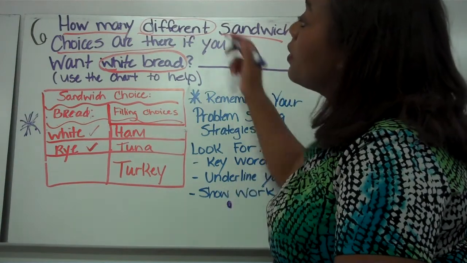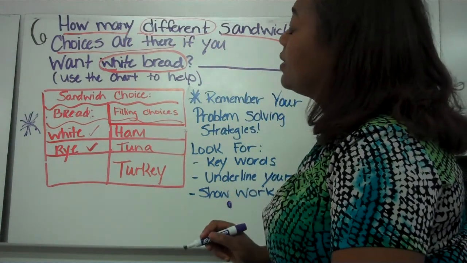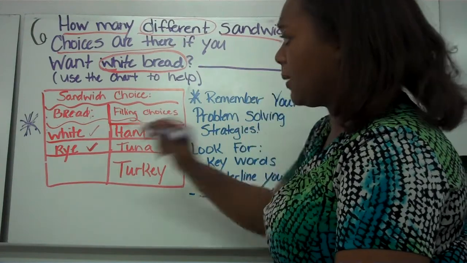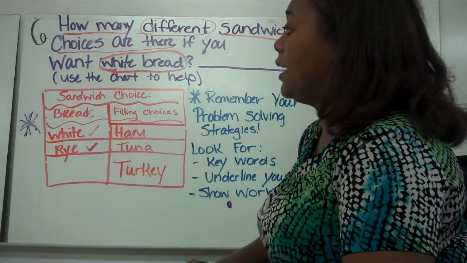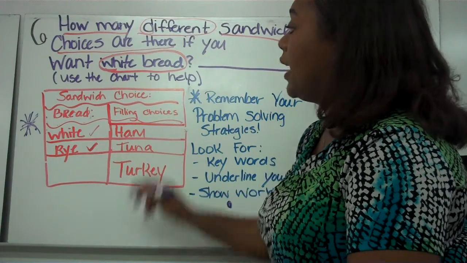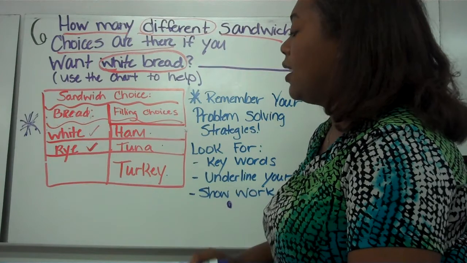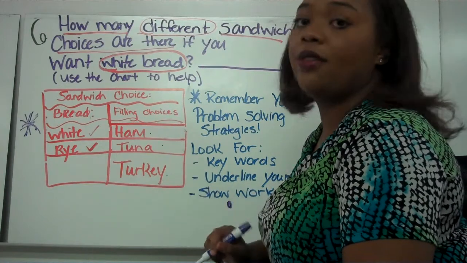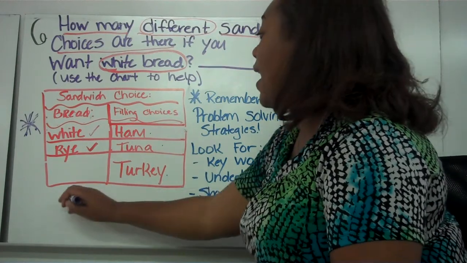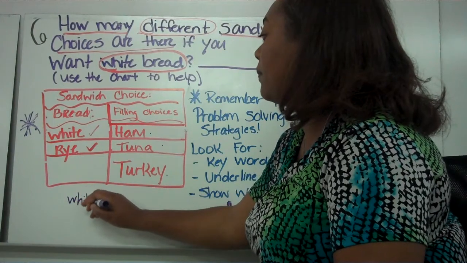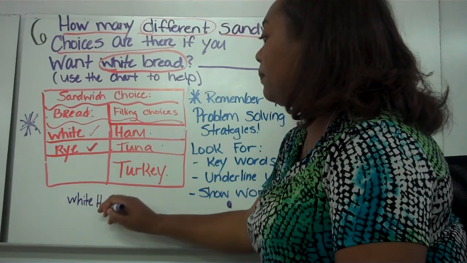So our strategy that we're going to use today is making a list. So we're going to make a list of all the possible choices we can have with white bread. Now, if we look at our filling choices, we've got ham, tuna, and turkey. So, I'm going to make a list of all the choices I could possibly have. I can have white bread and ham.